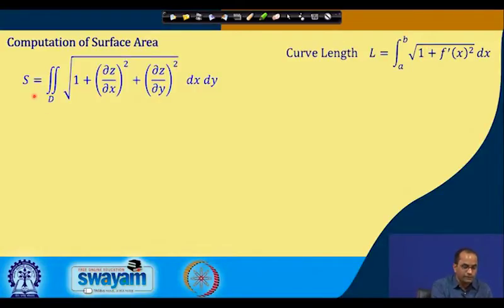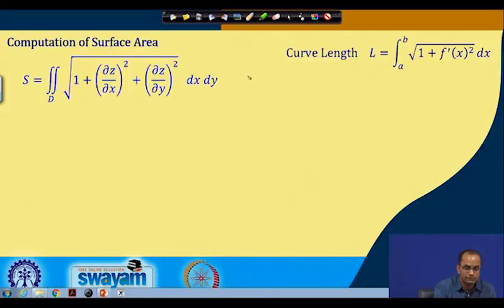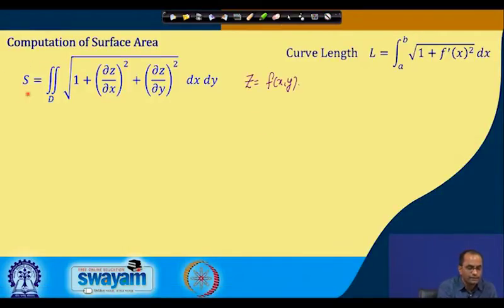In case of the surface, when we have a function z is equal to f x y, so here the surface is given by z is equal to f x y. Now we can get the surface area again similar to what we have for the one dimensional case. We have the double integral, we will discuss what the domain is now, and the square root we will take of 1 plus, similar to here where we have the derivative, here also we have the first order partial derivatives.